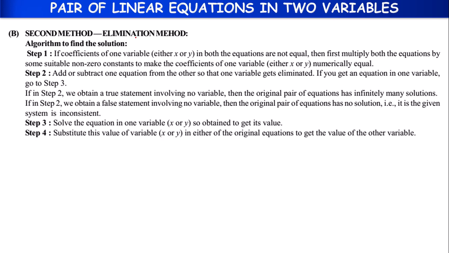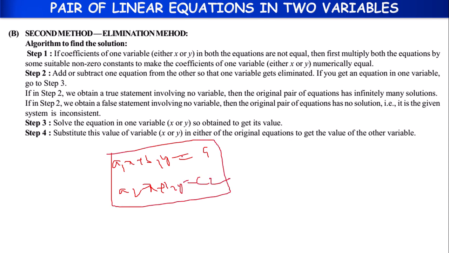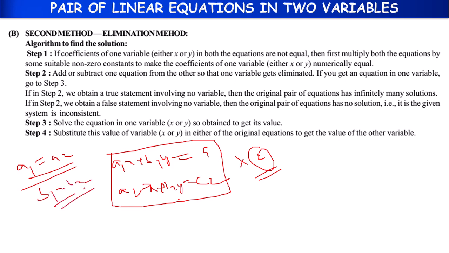So in the elimination method, first, if you have two equations a1x plus b1y equal to c1, and a2x plus b2y equal to c2, you have to multiply one or both equations with a non-zero constant, such that either the x coefficients become equal or the y coefficients become equal.